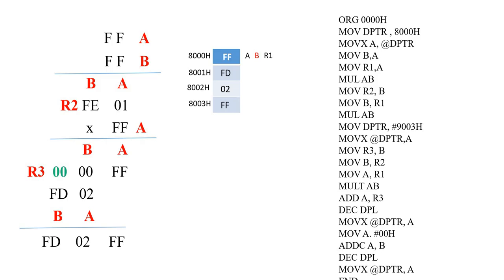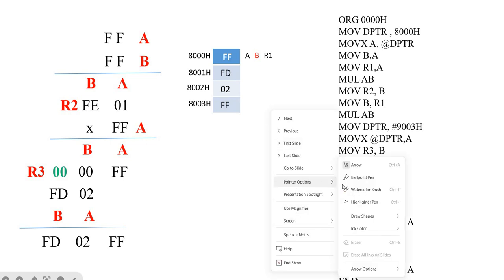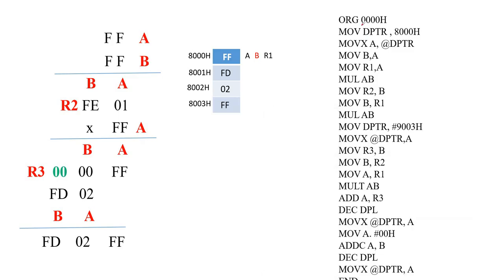So the first line of code will be MOV DPTR, #8000H. Now here we have initialized the source pointer.